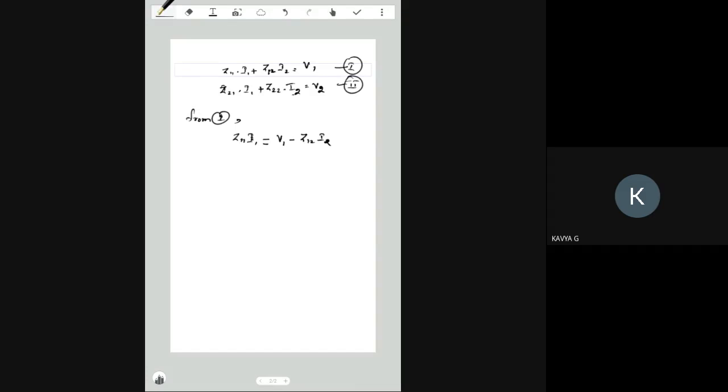So Z11 equals V1 by I1, provided that I2 equals 0. Is that correct?